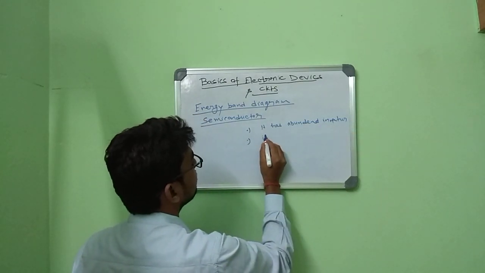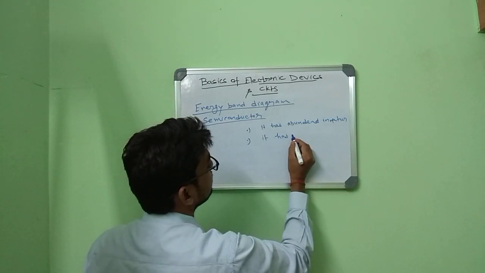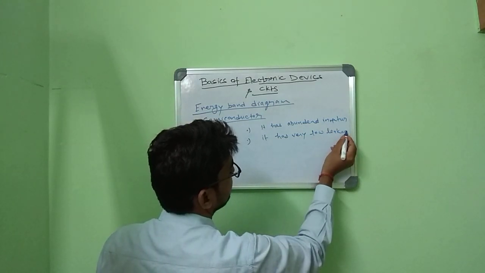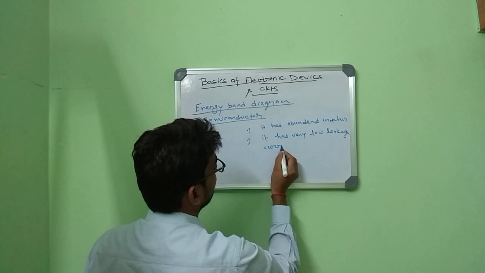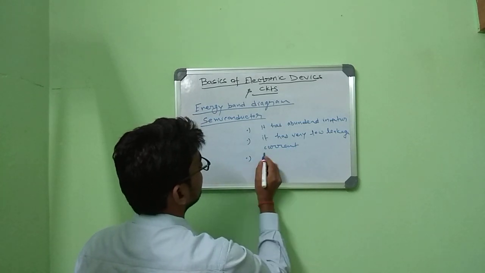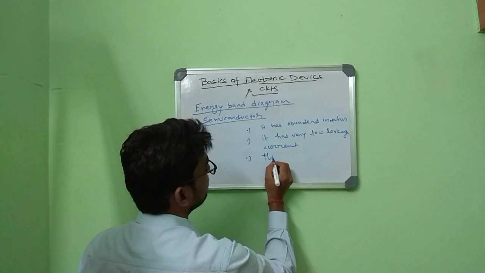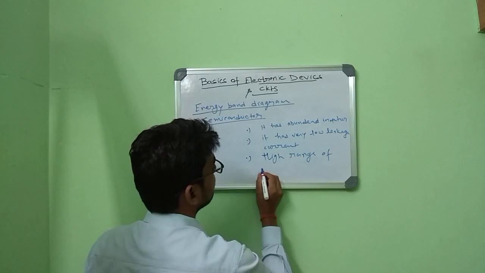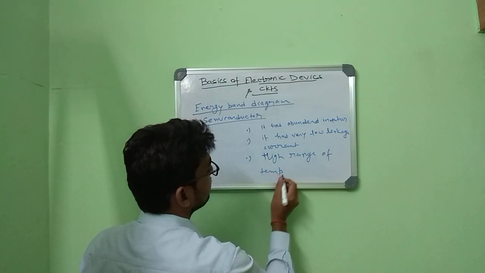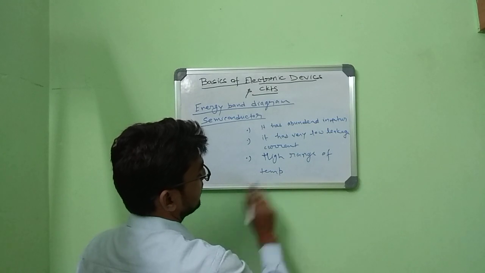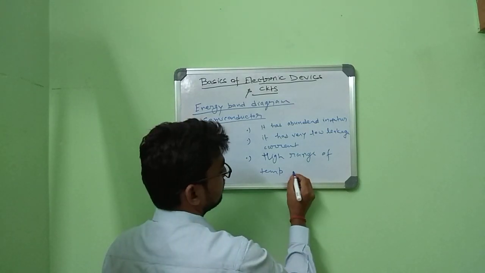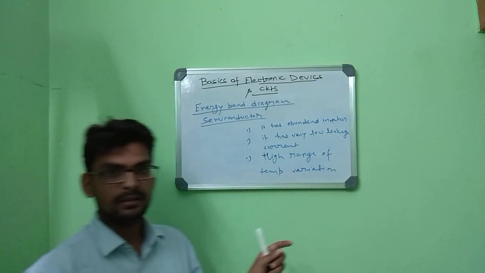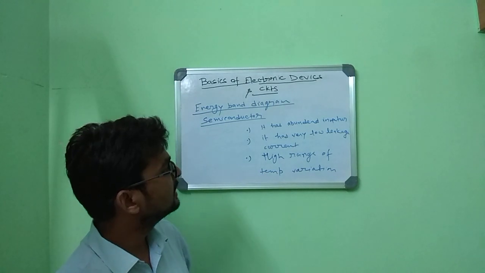Second, it has very low leakage current. Third, it has a high range of temperature variation. You can use it for a large range as compared to germanium.